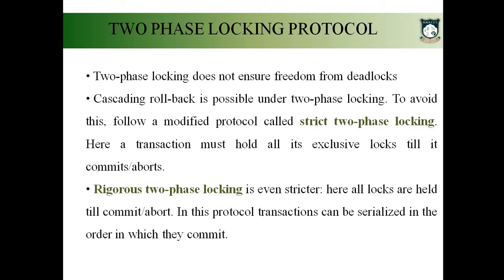Now, if you roll back T2, then you also have to roll back T1. Now, before you roll back T2, if T1 has already committed, then what can we not do? We cannot roll back T1 because it is already committed. So such a schedule is called a non-recoverable schedule. We should not have such non-recoverable schedules. We should always have only recoverable schedules.